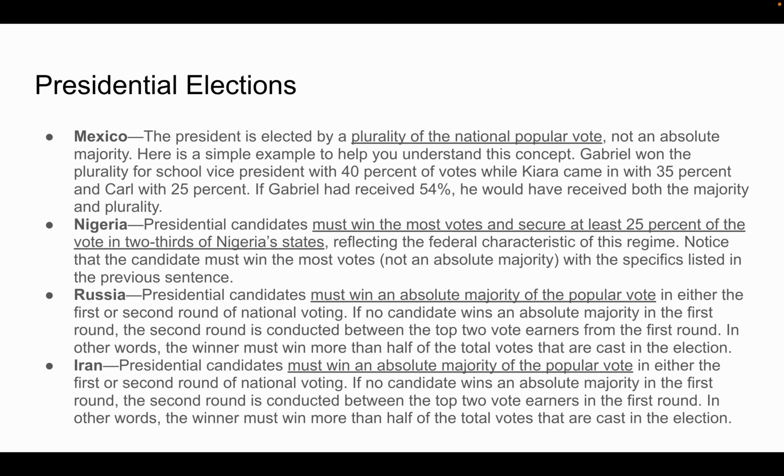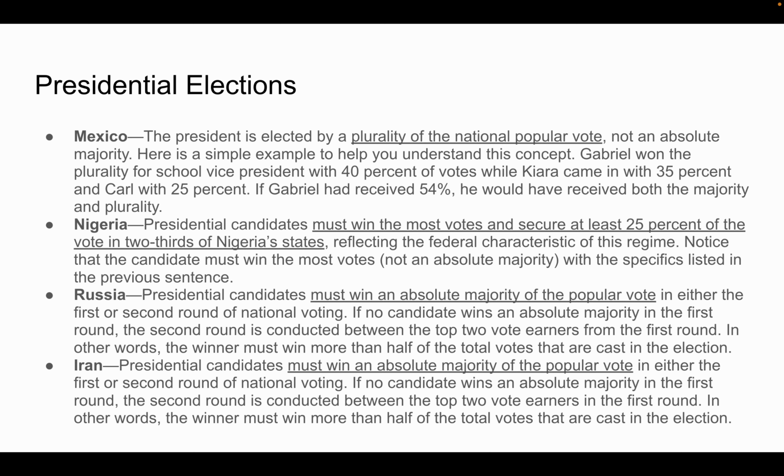Now, this is an interesting setup. If we think back to the U.S. Constitution and the Electoral College, one of the goals of the Electoral College is to ensure that candidates have support from around the country instead of just appealing to a specific region. And here, in this case with Nigeria, this system is meant to do the same thing.